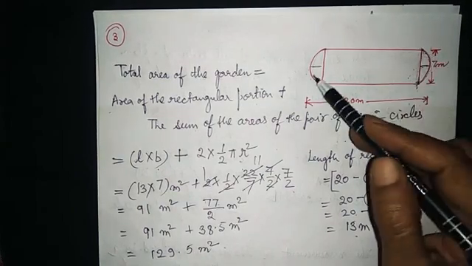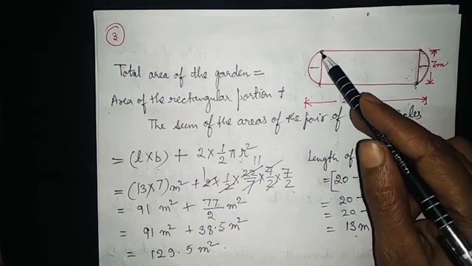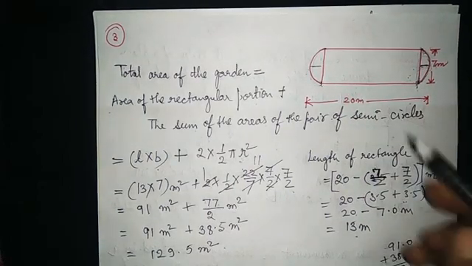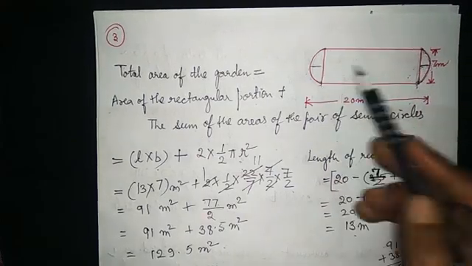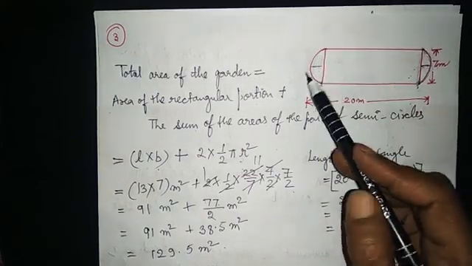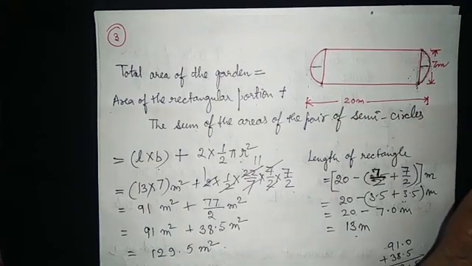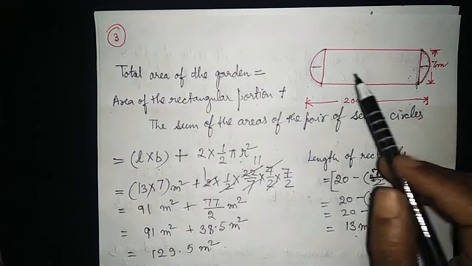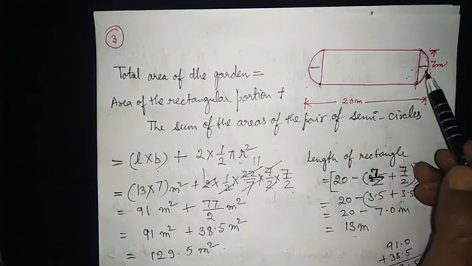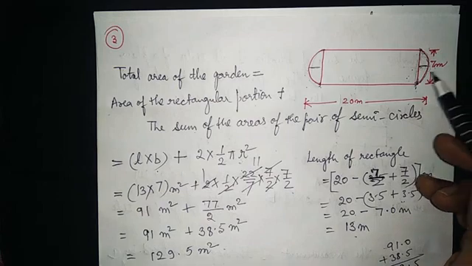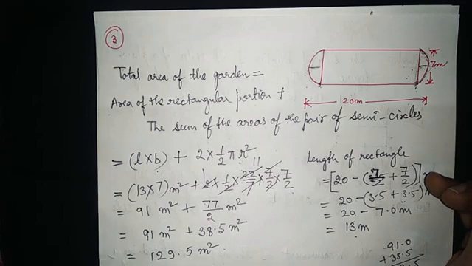This arc and this arc you will add. So here you will get a complete circle, so for this you can write circumference of circle. They are same because their radius, or you can say their diameter, is same.